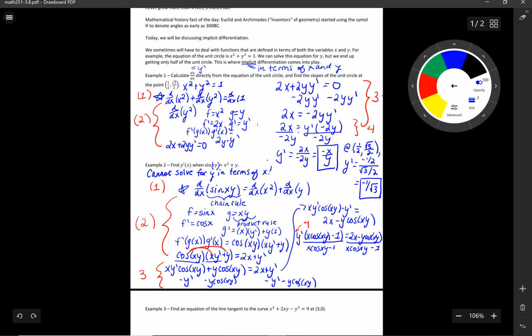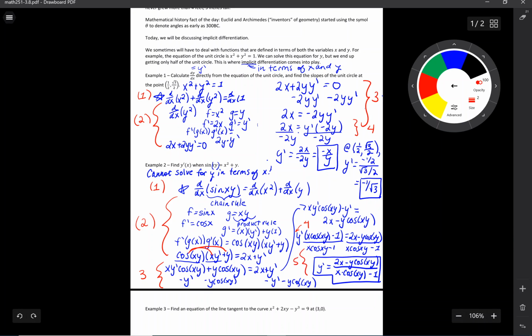And I get y prime equals 2x minus y cosine xy divided by x times cosine xy minus 1. Whew, this is pretty fun, huh? I think so. This is our last step right here.